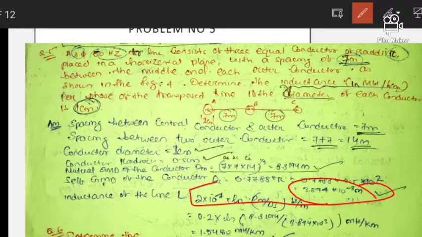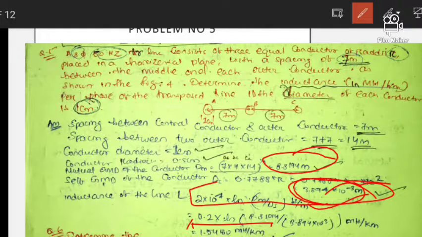Then put here the mutual value and put here the self value in this equation, then you will form 1.5450 millihenry per kilometer. So this is your answer.